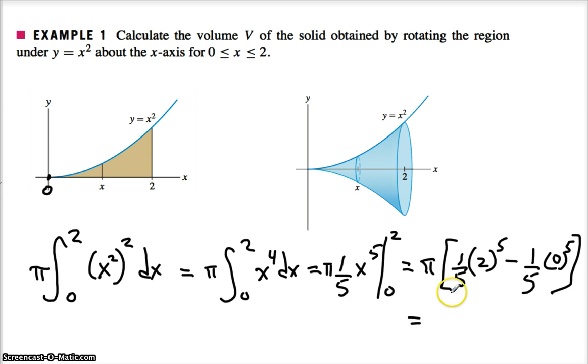We get 2 to the 5 is 32, so that's 32 over 5 minus 0, and don't forget the pi as well. So here's the exact answer, 32 pi over 5.